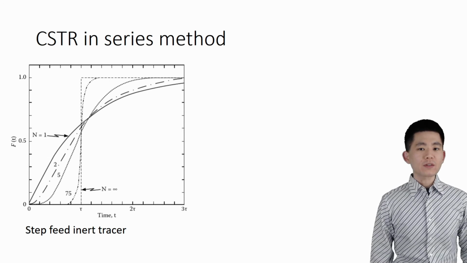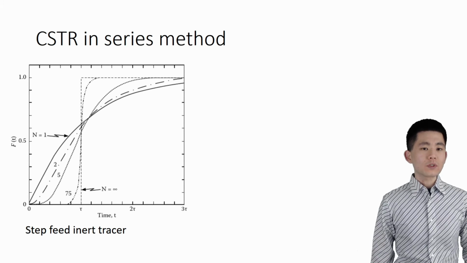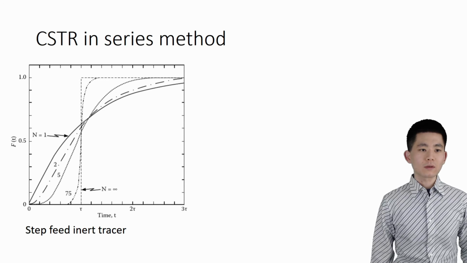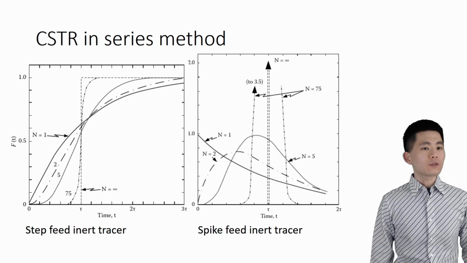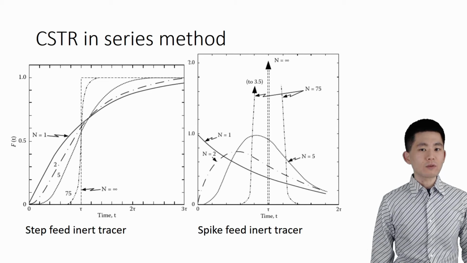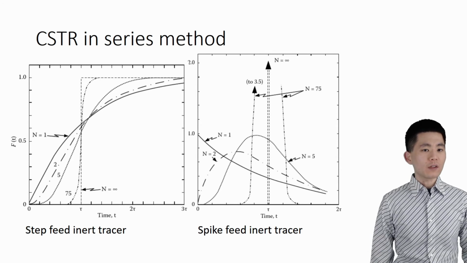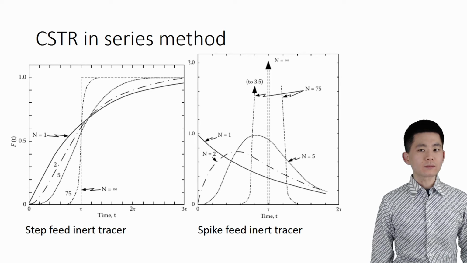The more tanks there are in series, the more suddenly the tracer will appear in the effluent, which is more like a PFR in which there's no mixing and dilution of the tracer. If the tracer is added as one spike instead of in a constant stream, the figure on the right shows the tracer profile in effluent over time. Can you think about why the tracer profile will look like this?